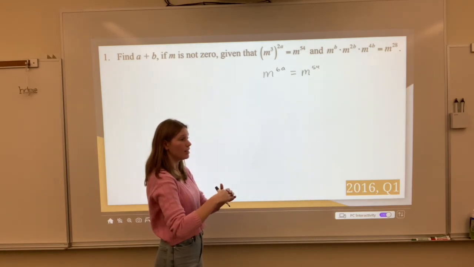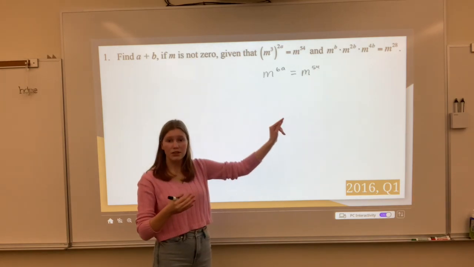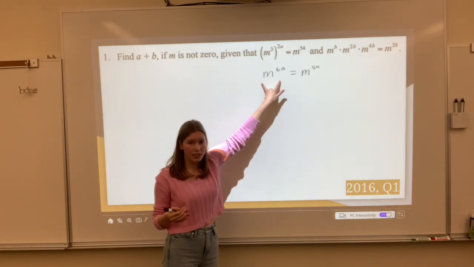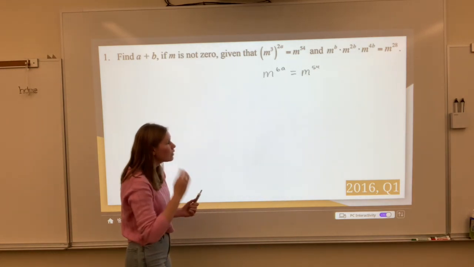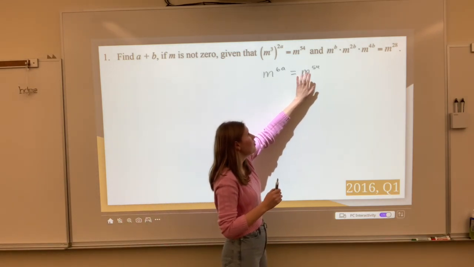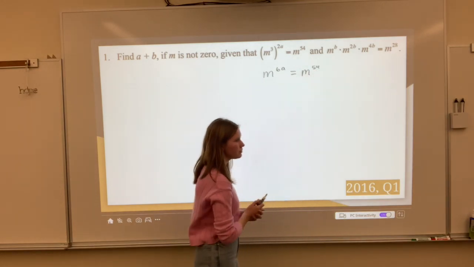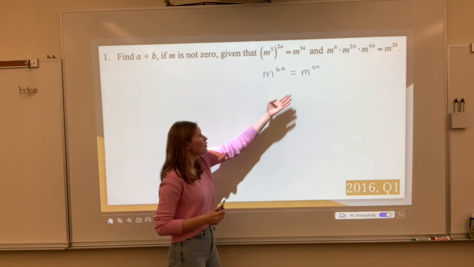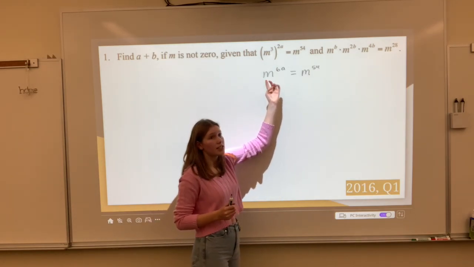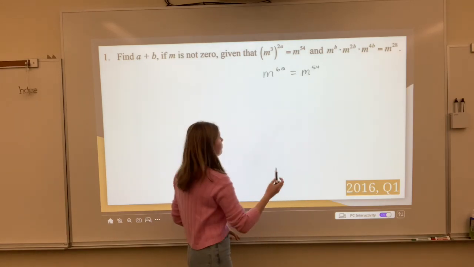Because if we have a base raised to an exponent raised to another exponent, you multiply those two exponents together and you have an equivalent expression. Now, we have a base raised to an exponent, and that same base raised to a different exponent. Well, we know that for these to be equal, since they have the same base, their exponents are also going to have to be the same.